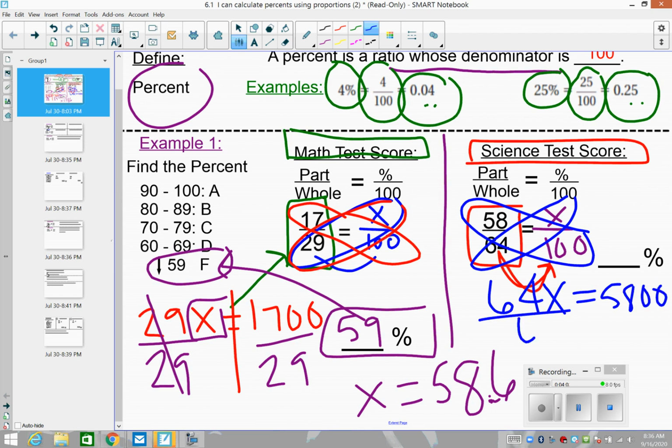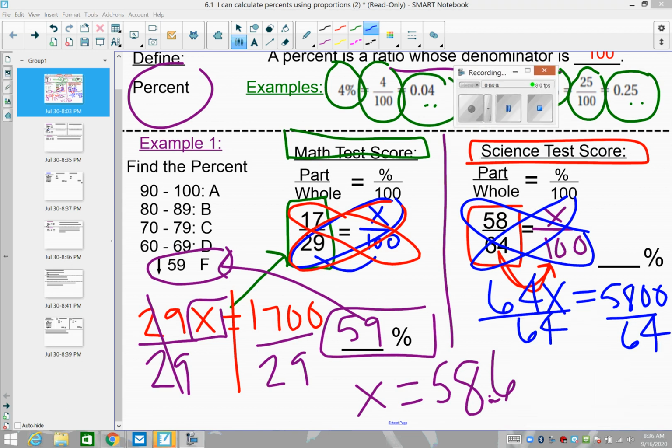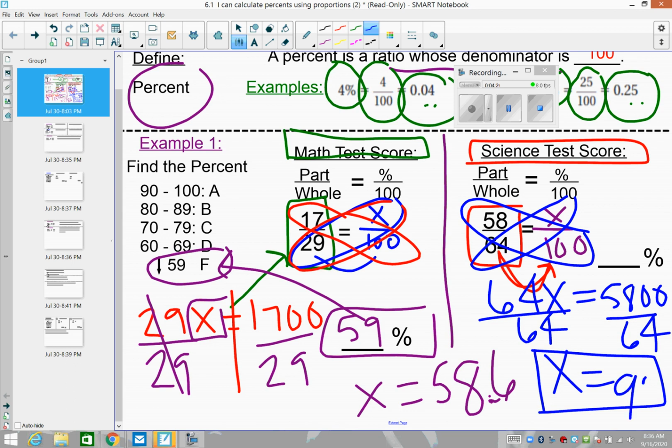We divide both sides by 64, and we end up getting that the part that was scored on the test, if we were to convert to out of 100, is 90.6. So I'm going to round that to 91. I'm a little bit out of space down there. So 91% was scored on the test because it was 90.6.